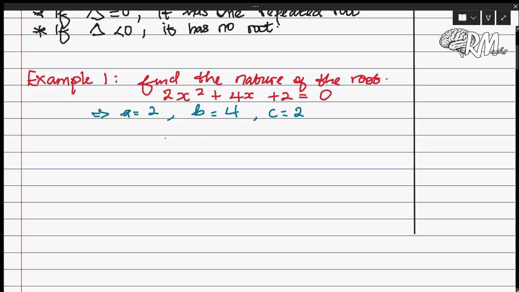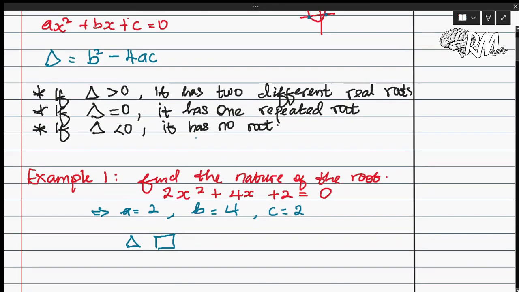Now the next step is for us to find what condition delta falls into. So by doing that, I'm just going to write delta, then put a blank box, because I don't know if it's equal to, or less than, or greater than. But I'm going to apply the formula, b squared minus 4ac.